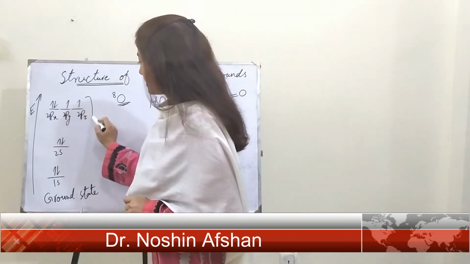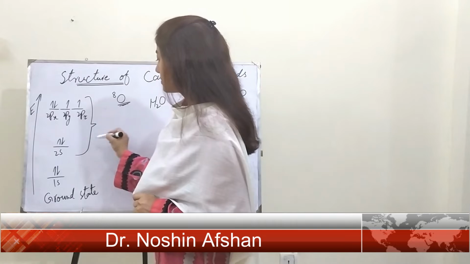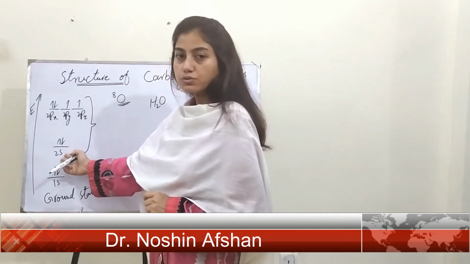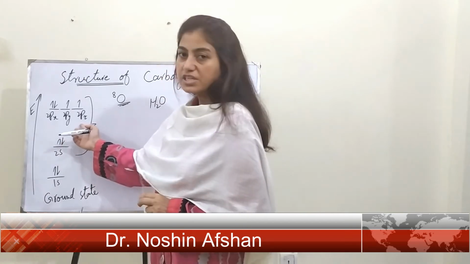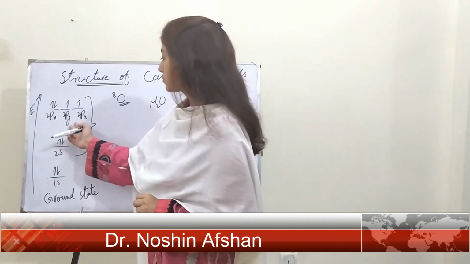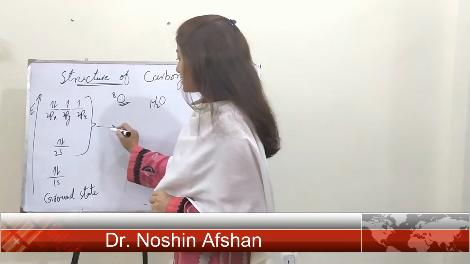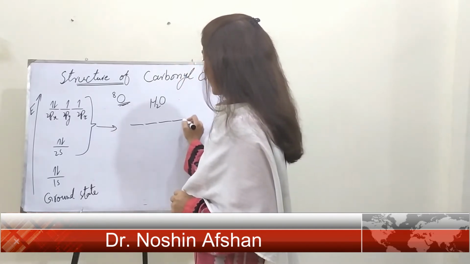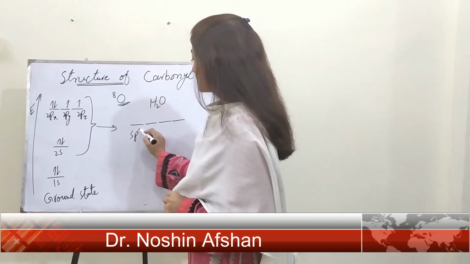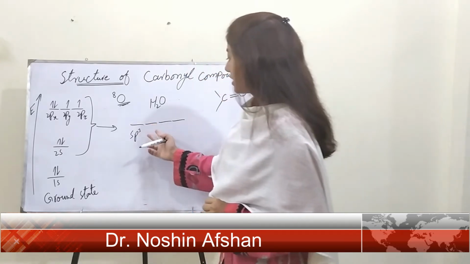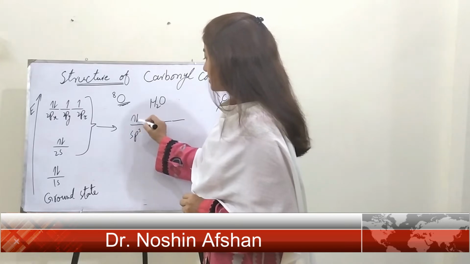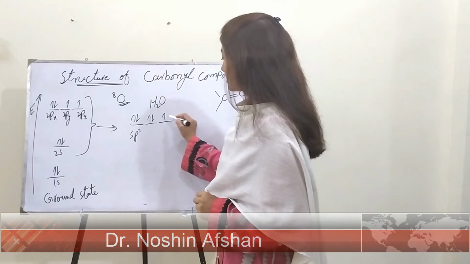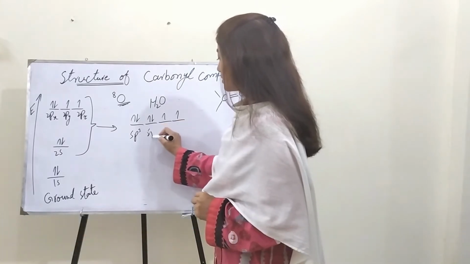Here, these 4 atomic orbitals, one orbital of this 2s and 3 degenerate p orbitals, that are 2px, y and z, intermix to form 4 sp3 hybrid orbitals, where 2 of them would have 2 electrons and the other 2 would be partially filled.